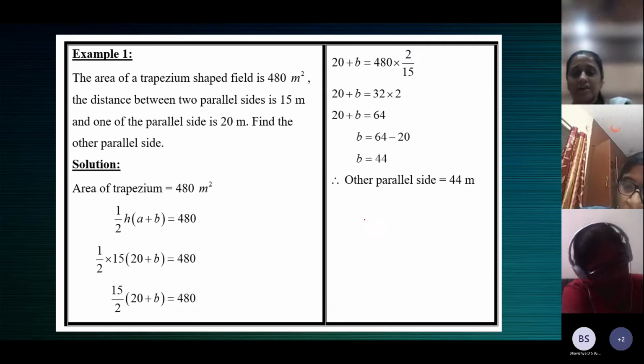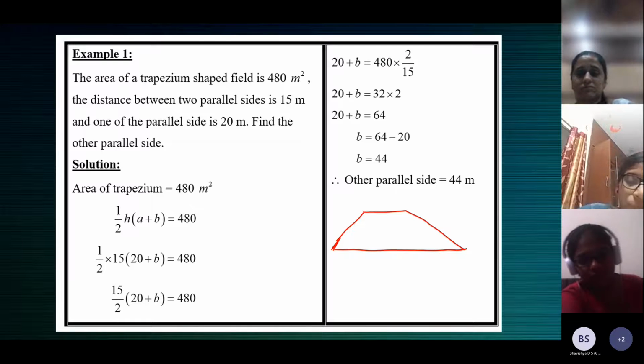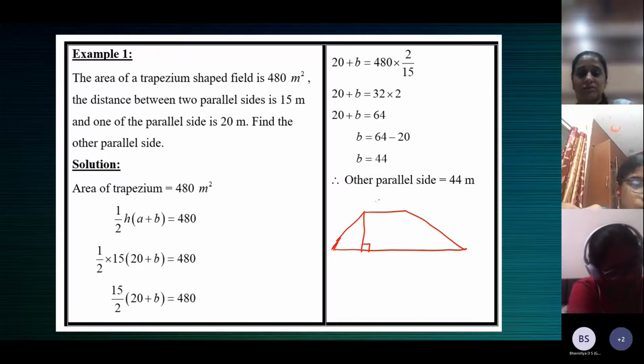You can even draw a diagram to write this information. So see here. How much is this? 20 meters. This is B. We do not know B. And H is 15 meters.